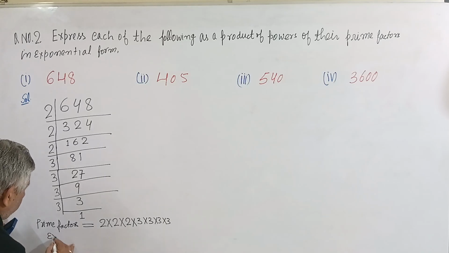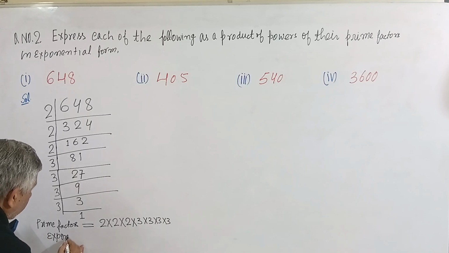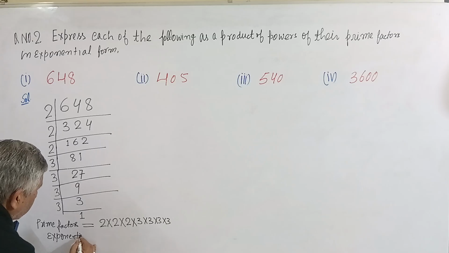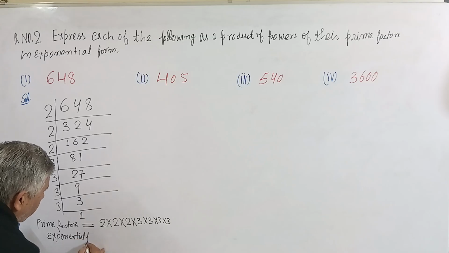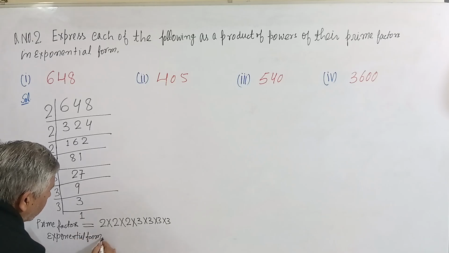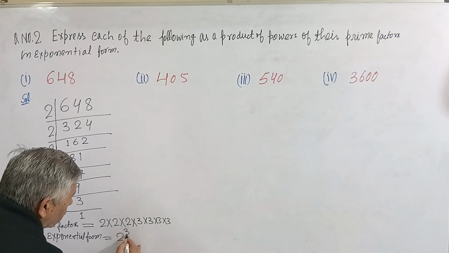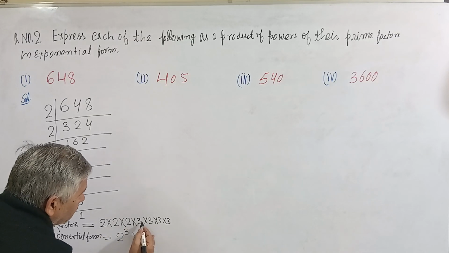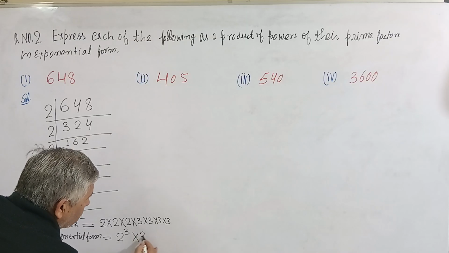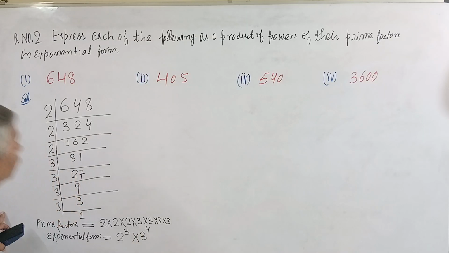Exponential form will become 2 cube and 3 to the power 4. So in this way this question is solved.